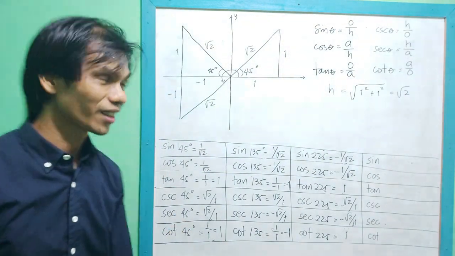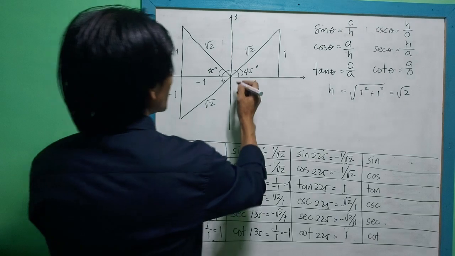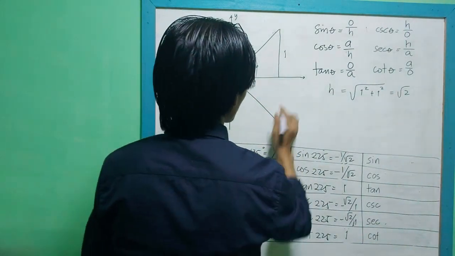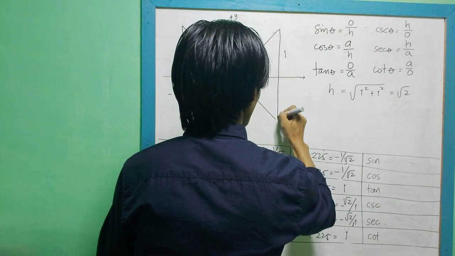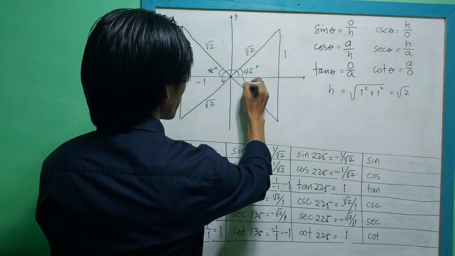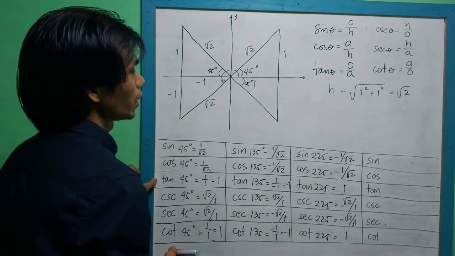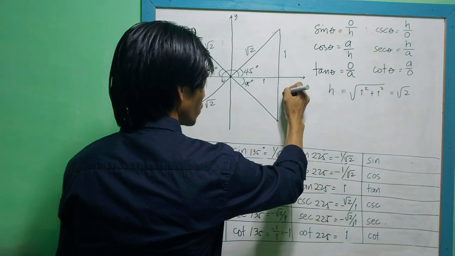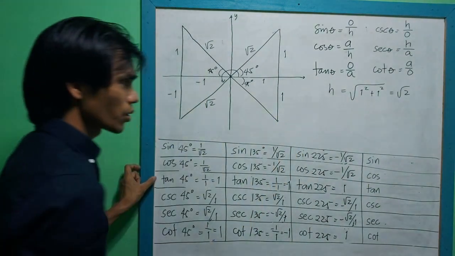Okay? And then, ito, last na. Gawa din tayo ng another 45 degrees dito. Yan. Another 45. Kung ito ay 45 degrees, okay? Ang value nito is 1. Another 1, ang value din natin dito is 1.